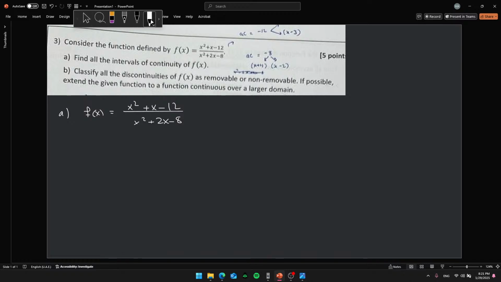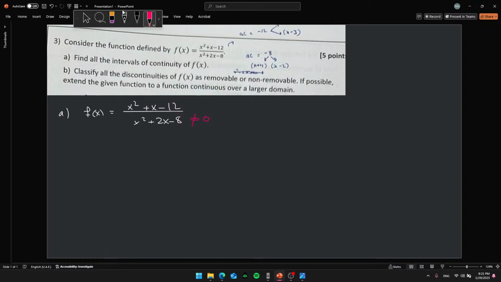We only have the denominator to consider. It mustn't equal 0. Okay, never mind. x squared plus 2x minus 8 doesn't equal 0.